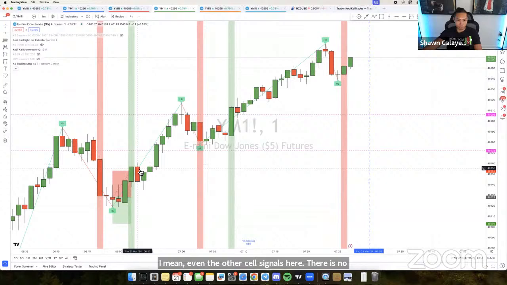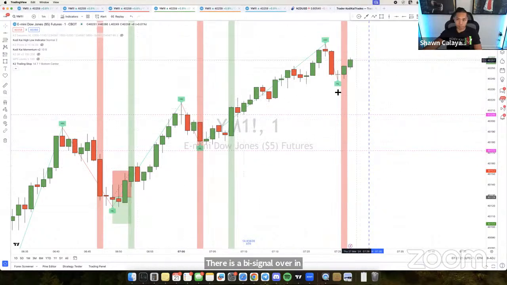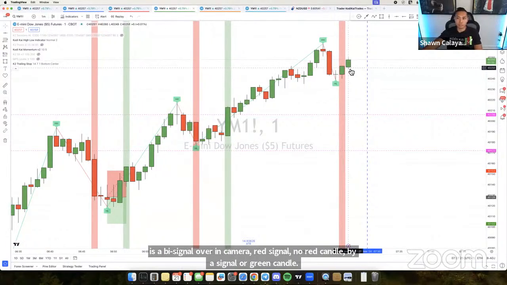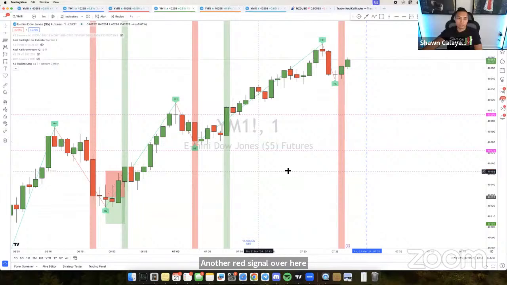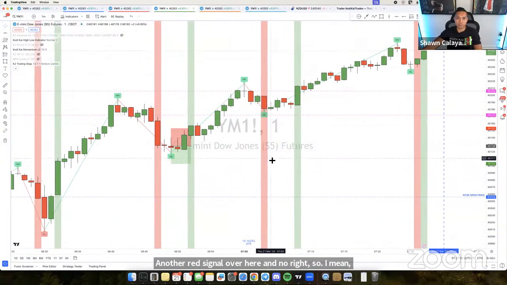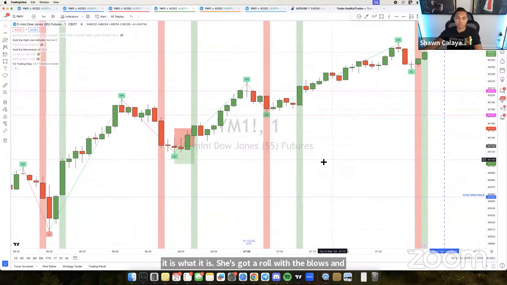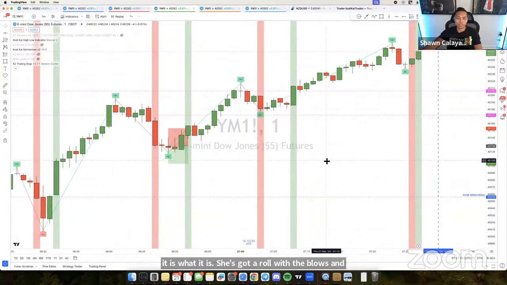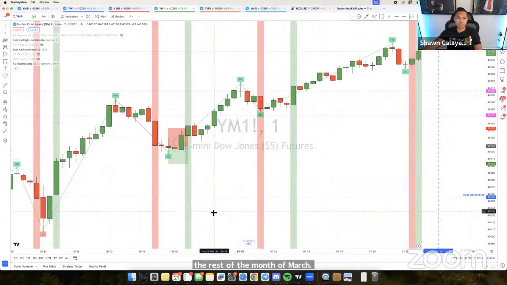There is a buy signal, no green candle, red signal, no red candle, buy signal, no green candle, another red signal over here, and no red candle after it. So, I mean, it is what it is. You just got to roll with the blows and weather the storm until the win streak picks back up. Hopefully it picks back up tomorrow, and hopefully for the rest of March we'll be able to recoup the losses from today and yesterday and bounce back.